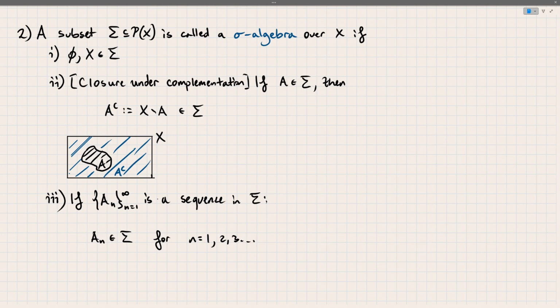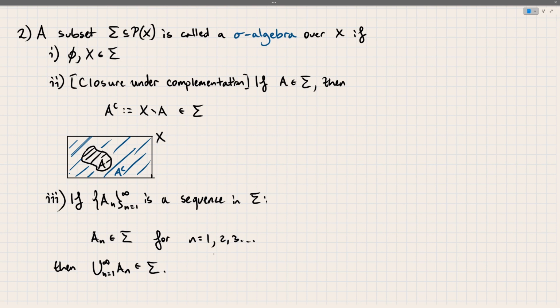If I'm given the sequence of elements in sigma, then the union of all of these sets is also in sigma.